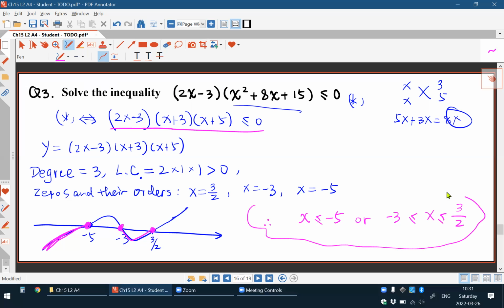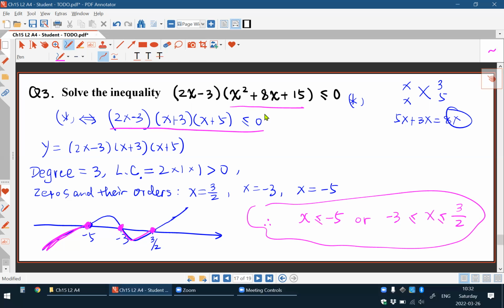This is our final solution. And what is the takeaway here? Takeaway is if you see an expression like this, you can try to factor it first, right? In order to convert it to a problem that you are familiar with.